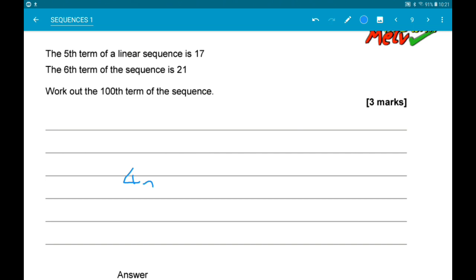Now, if we use the fifth term, n is 5. So 4 times 5 is 20, but we need it to be 17. So 20 minus 3 is 17. So the nth term is 4n minus 3.